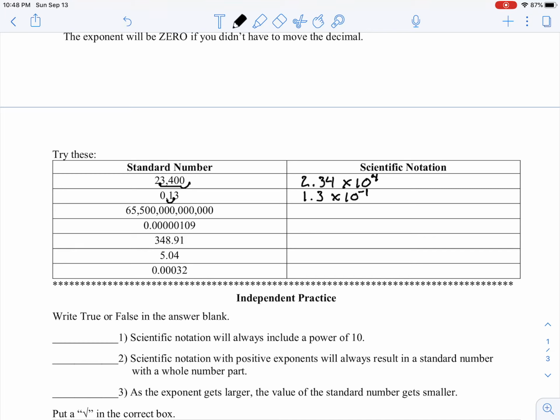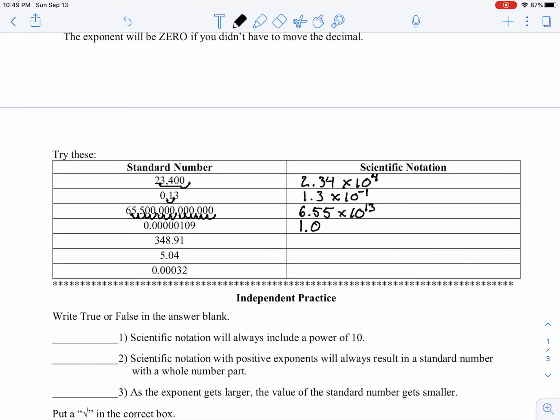Continuing along here, we're going to change to our number in between 1 and 10, so 6.55 times, once again, some power of 10, and in this case we've got to move our decimal 1, 2, 3, 4, 5, 6, 7, 8, 9, 10, 11, 12, and 13 places. So we can see if it's a decimal number and we're writing it in scientific notation, our scientific notation number will have a negative exponent for our power of 10.